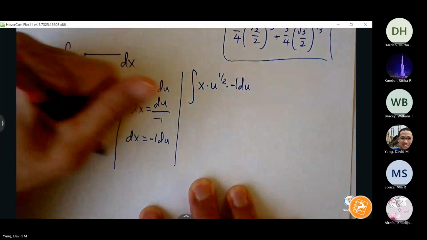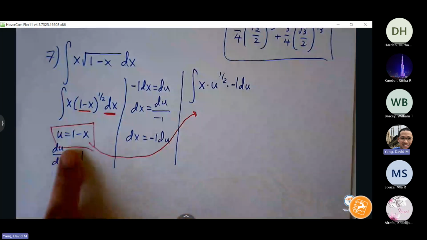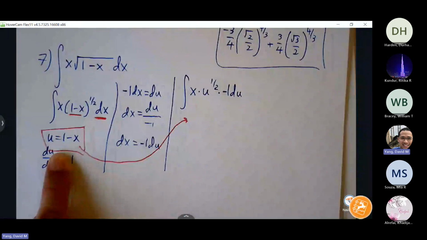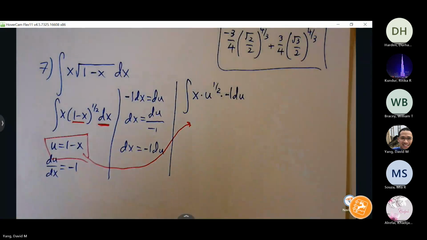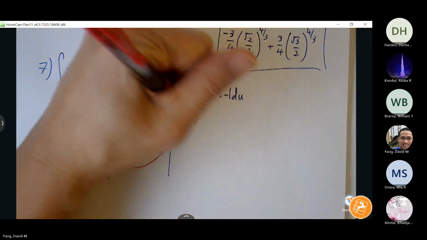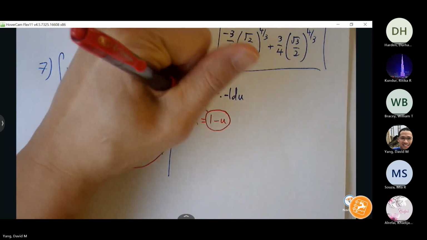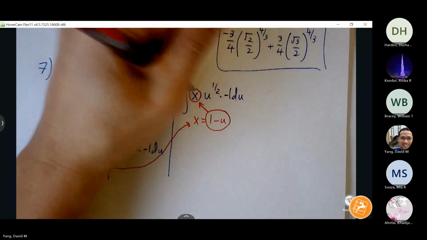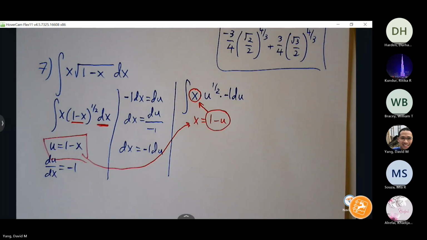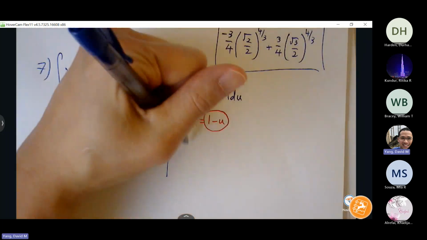Yeah. We can rearrange this equation, right? If I solve for x, x equals 1 minus u. Okay.